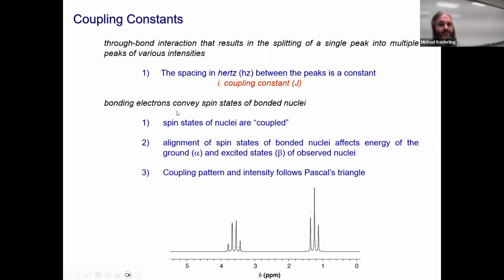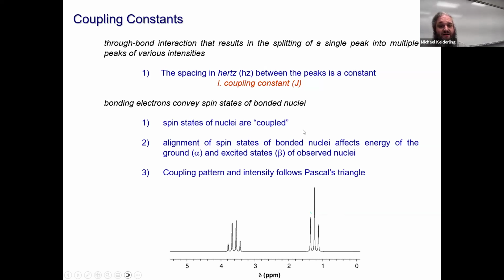Peak splitting happens through coupling between nearby nuclei. The spacing between the peaks is a constant called the coupling constant, J. The bonding electrons convey spin states of bonded nuclei.